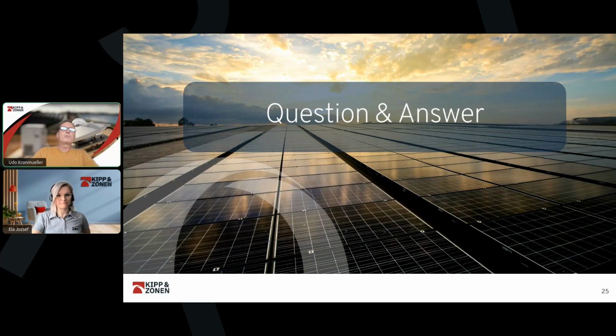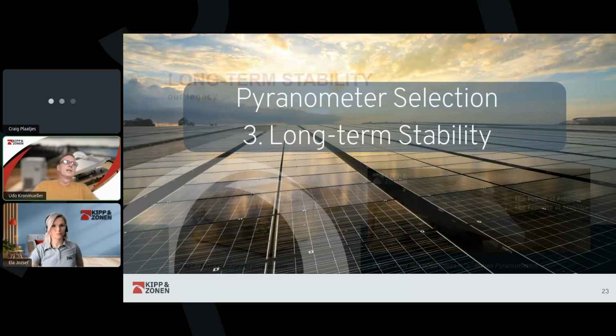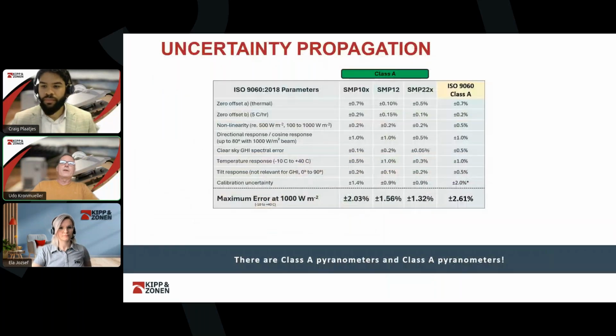Yeah, maybe we can switch back to slide 19, where we did this uncertainty propagation. Within the specified parameters of ISO 9060, we did a sum of all the worst case scenarios. And in the bottom line, once again, you can see that in the worst case, ISO 9060 would allow a maximum error of plus minus 2.6%.